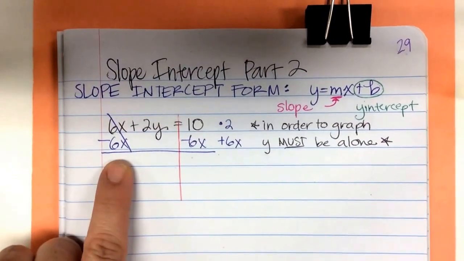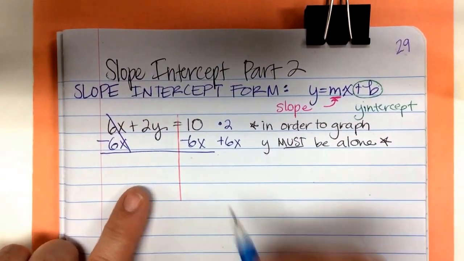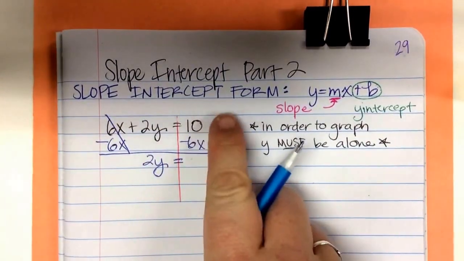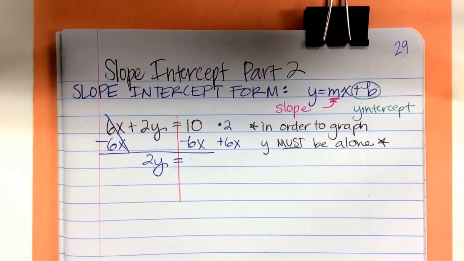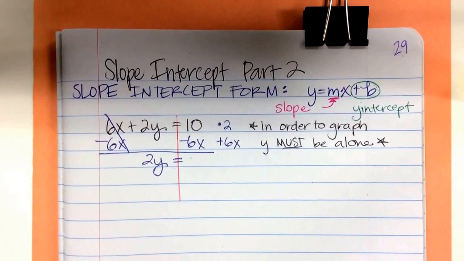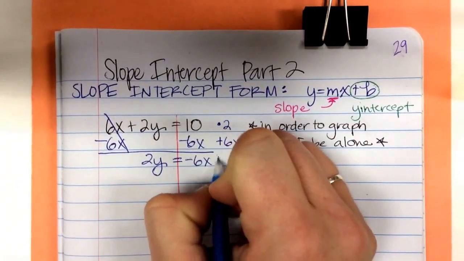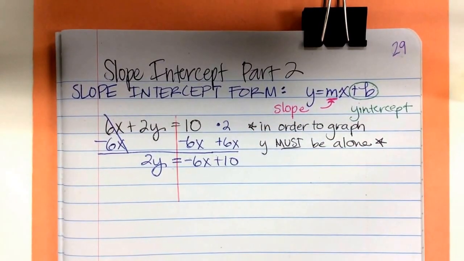These are inverses, so they disappear. So what's left over? 2y equals, can you do 10 minus 6x? No. Which order do I write it in? Negative 6x plus 10. Always put your variable first.